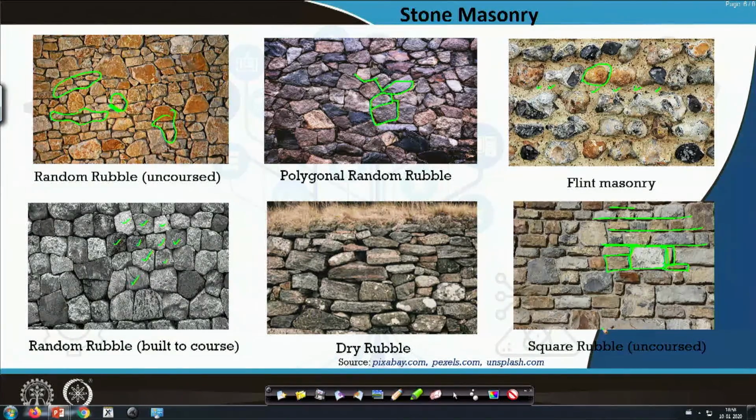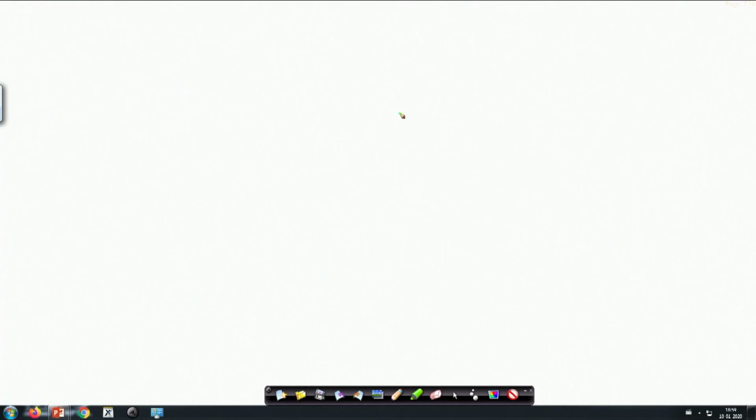Now, what you see here is a continuous wall seen from the front. If we want to see what happens in the transverse direction, then we might see in section, that is, if this is the transverse direction, we may find that whatever be the appearance from this side, it may be a combination of 3 to 4 stones in the transverse direction.